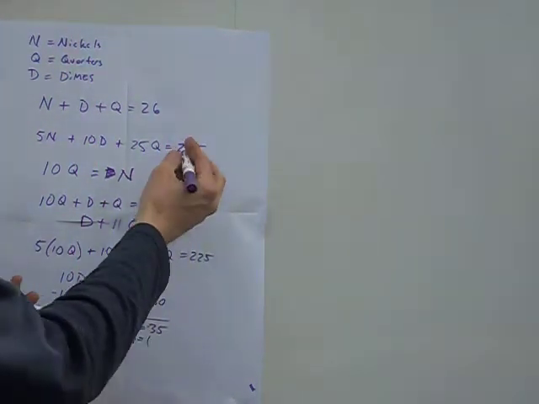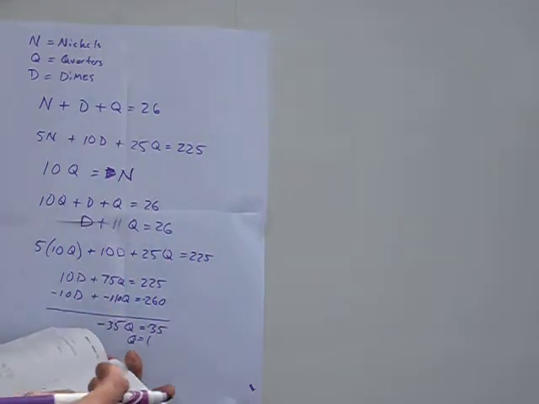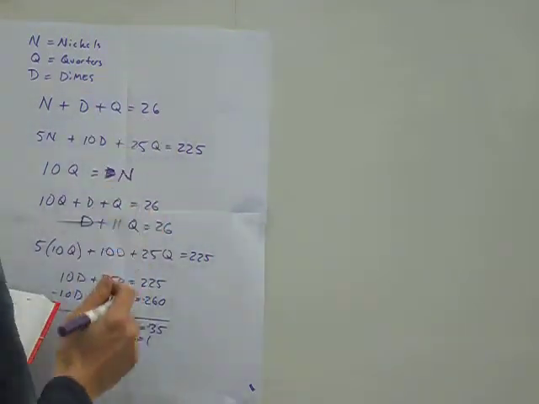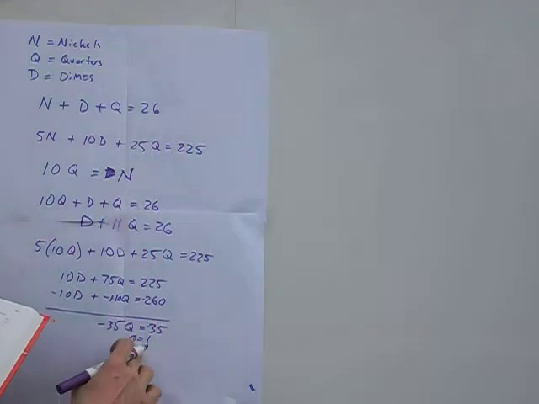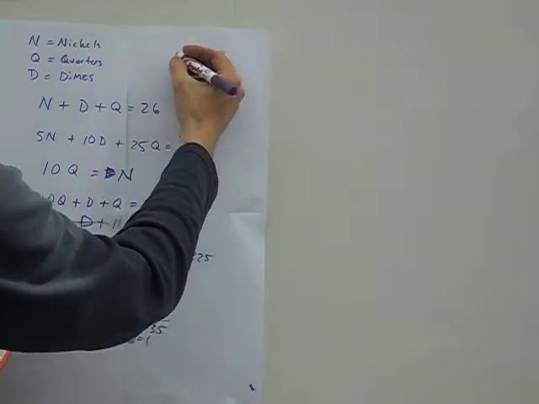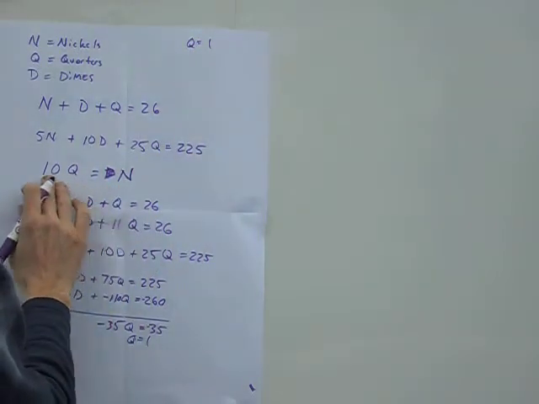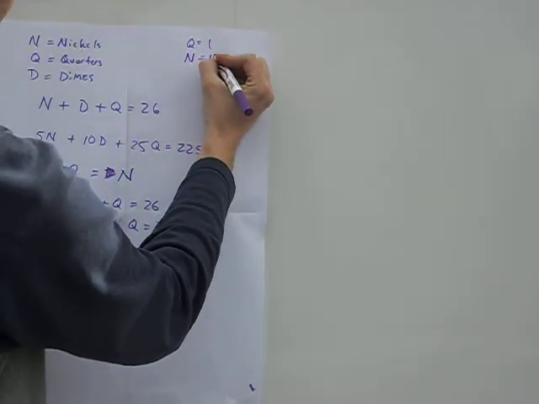So that's great. If you look at it, if we had $2.25, 1 quarter, the rest is all dimes and nickels. So q equals 1, so we can go back up to this one here. Number of nickels is going to be 10, right? So we have quarters is equal to 1, and 10 times 1 is n, so n is 10.